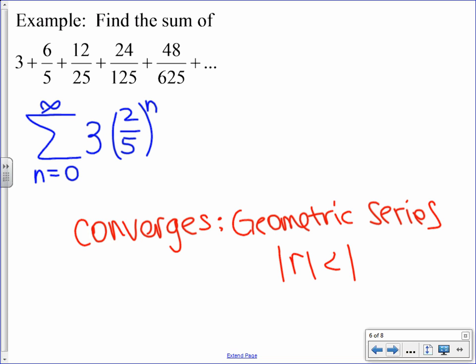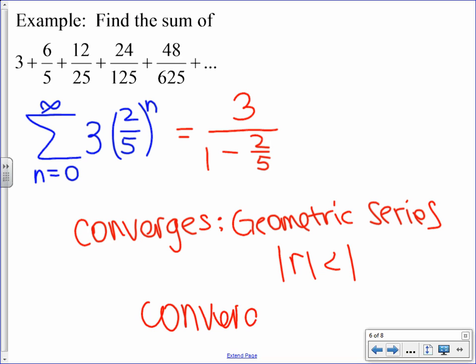Yes, we sure can. We can take the first term, our first term is 3, over 1 minus R. So we know it converges to 5.